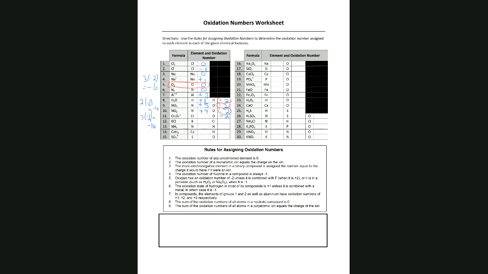So now we have to figure out what the chromium is going to be. Notice that there's 2 chromiums and also that we have to end up with the charge being 2 negative. So think about it for a second, what the chromium would have to be.